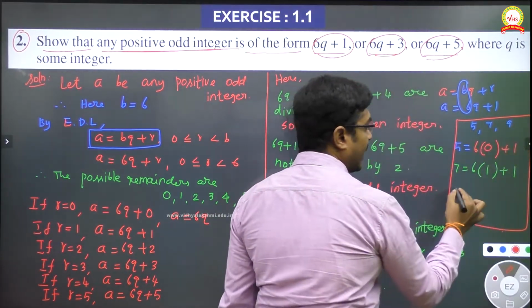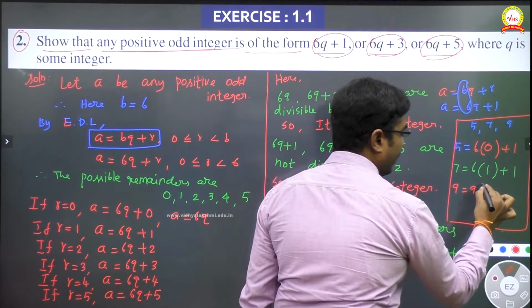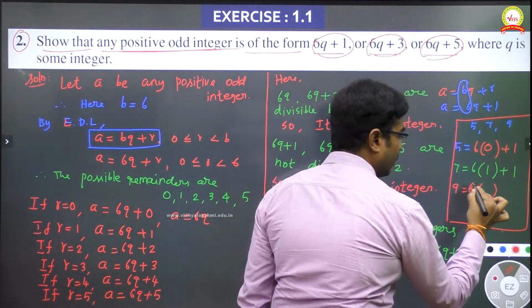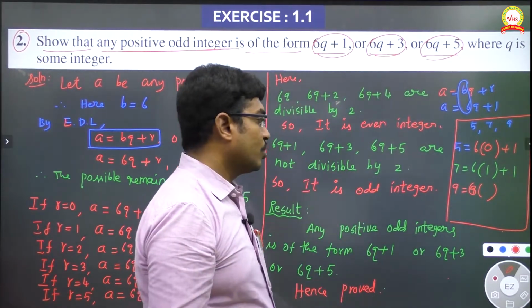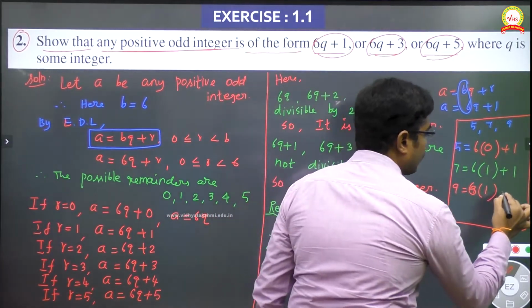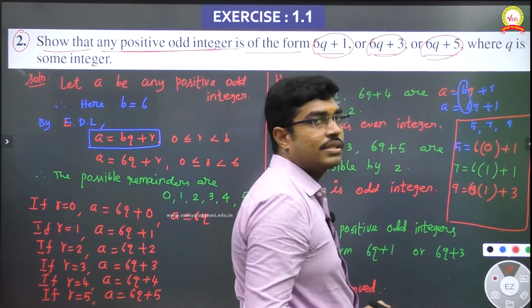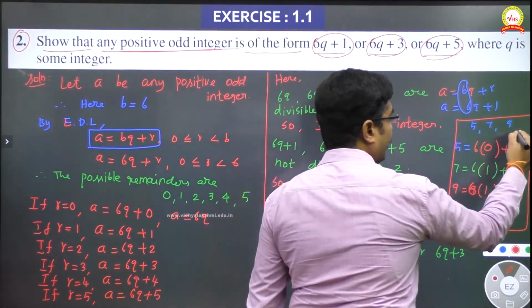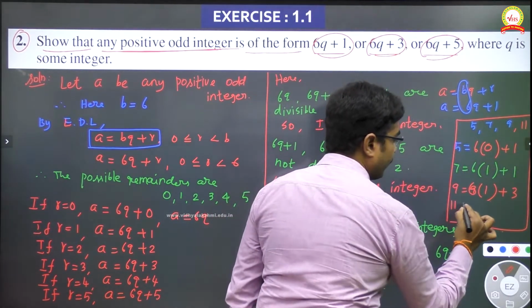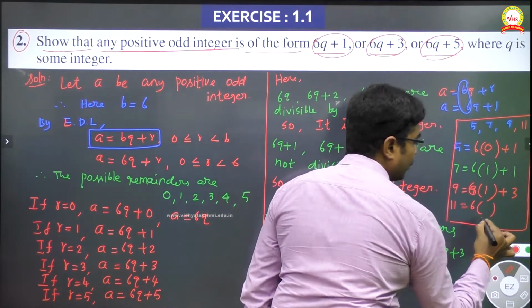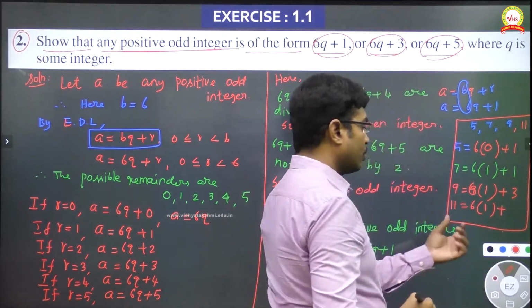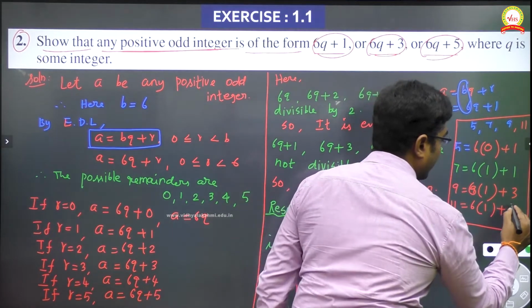Next I am going to take 9. Divisor is 6, it is possible one time, 6 ones are 6, and 9 minus 6 is 3, so the remainder is 3. Next I take another number, 11. Divisor is 6, one 6 is 6, and 11 minus 6 gives remainder 5.